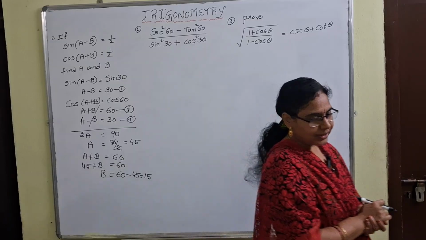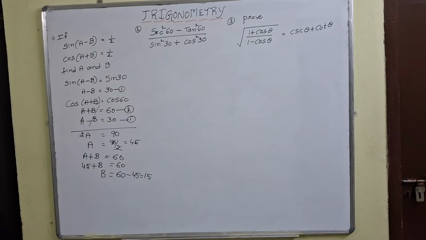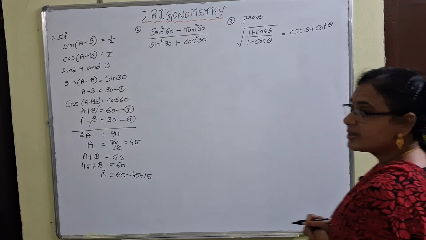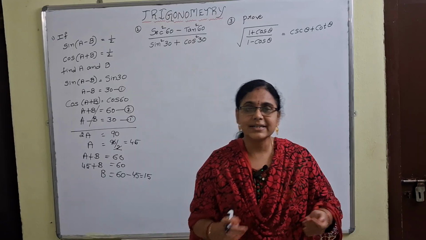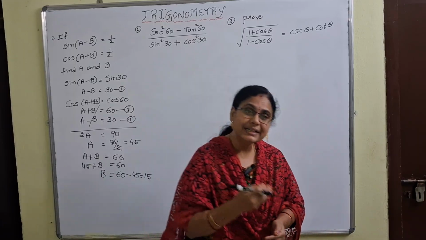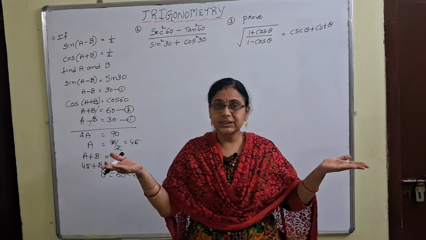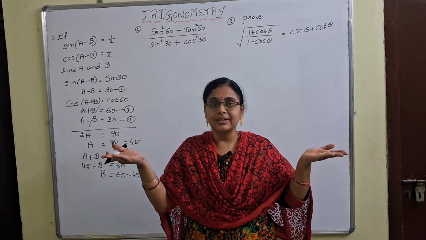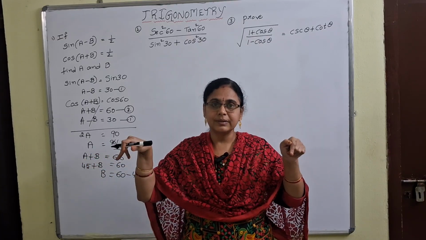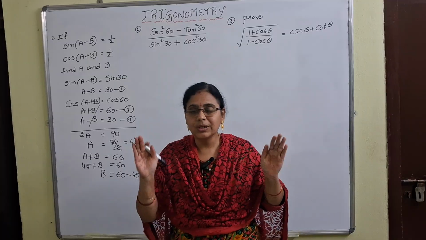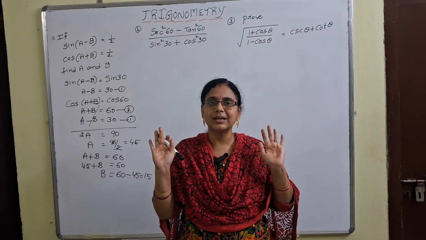So concentrate, once again listen. He gave sin(A - B) is equal to half. So on the left hand side you observe sin, so on the right hand side also you have to write in terms of sin. This side he gave sin, so the opposite side also you have to write sin. Then only we can let it be cancelled, but don't cancel, just in your brain think like that.